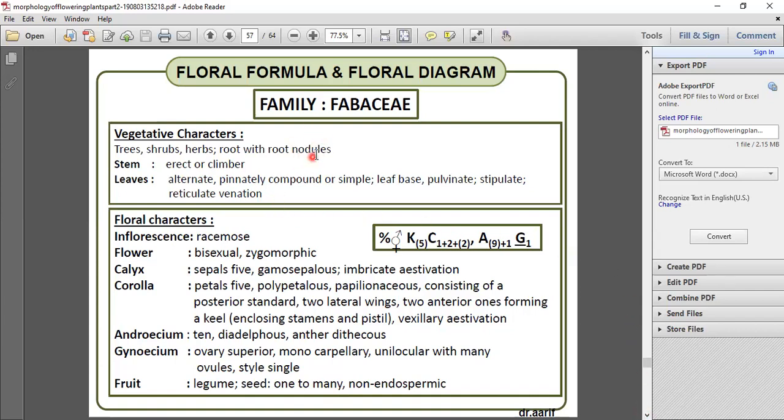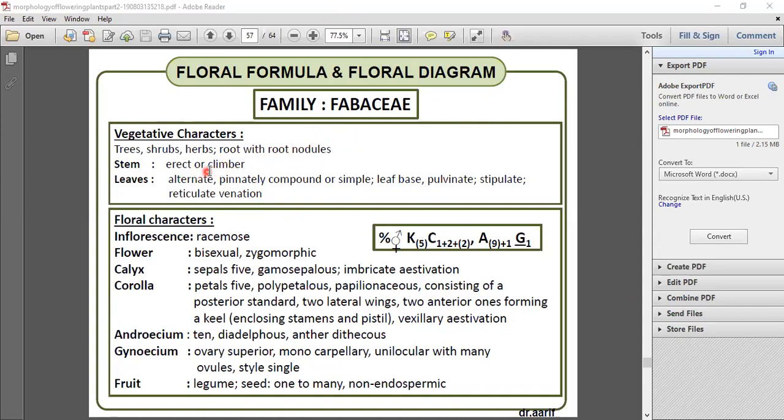We have been studying since childhood that the pea plant has which bacteria in the root that fixes nitrogen? Rhizobium. Very good. So that's why it has nodulated root.